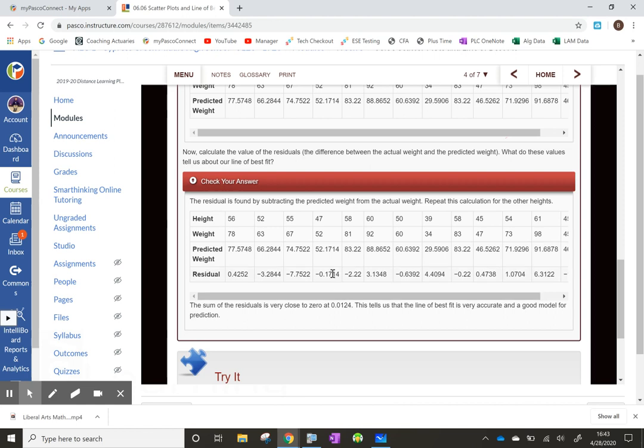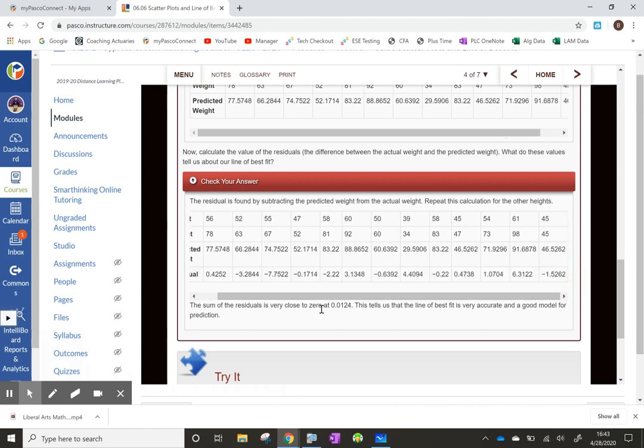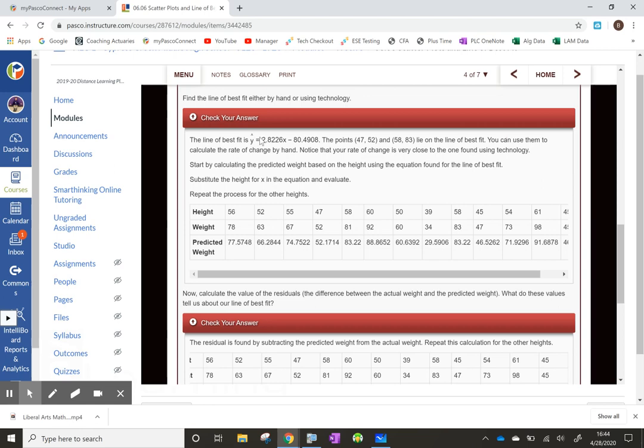So when you add up all the values, it adds up to 0.0124, which is very good. What that means is that the closer this number is to 0, the better your line is at predicting the value. So you want the residuals to all add up to essentially 0, which then means your equation, the line, the prediction, is a good equation.